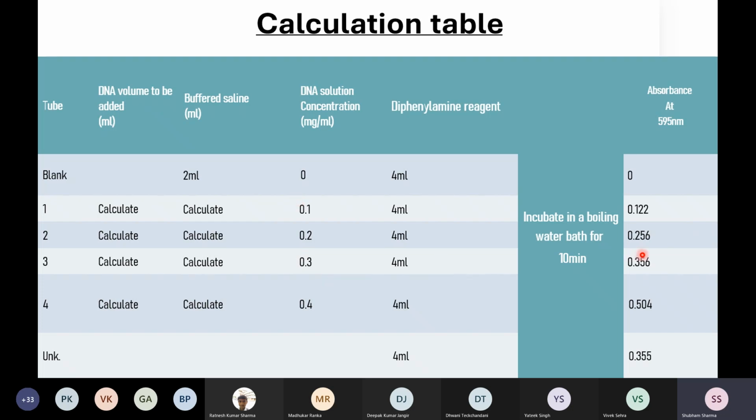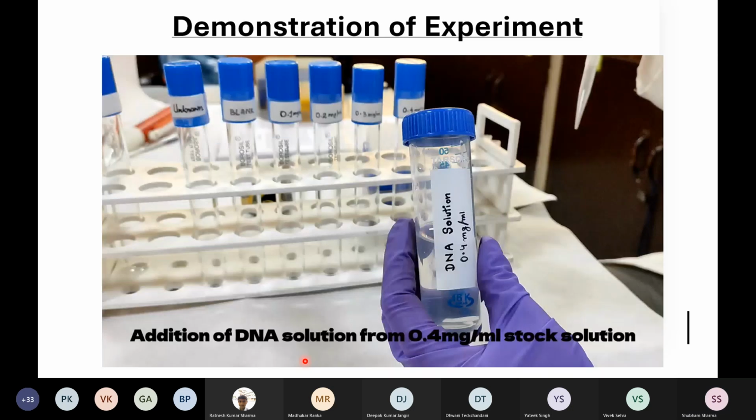So whatever absorbance we have directly relates to the exact DNA concentration that we are using. And the same thing will also apply for the unknown. So whatever absorbance is here is related to the total DNA concentration and not to half of the DNA concentration. So, again, as I said, simple answer for a complicated question.